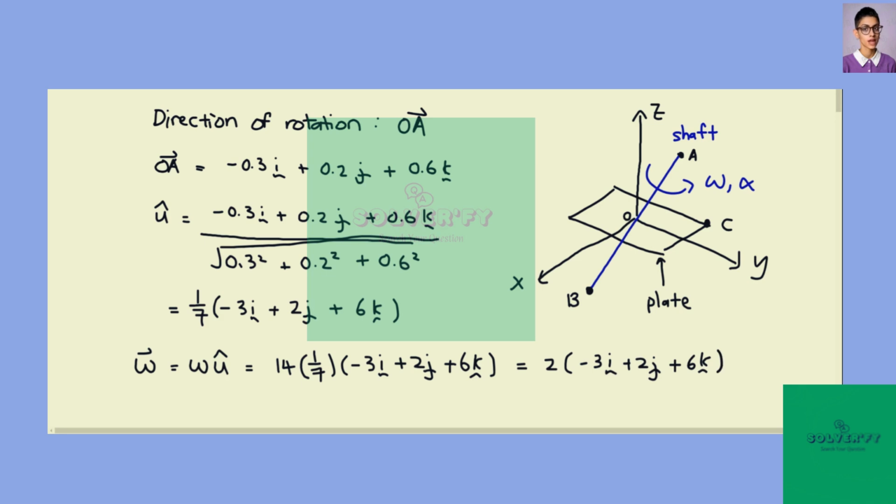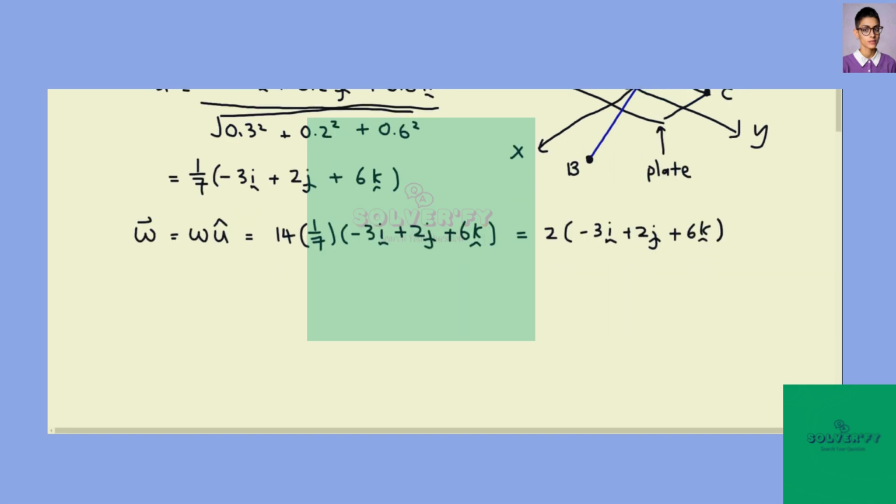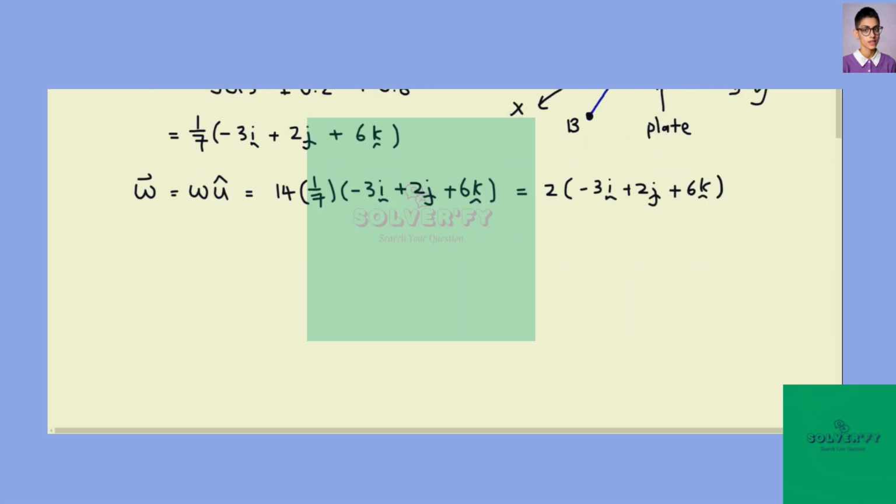Knowing that the angular velocity is constant, the angular acceleration, which is d omega dt, will be 0. This angular acceleration is needed for determining acceleration.